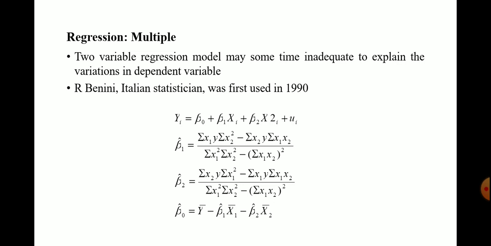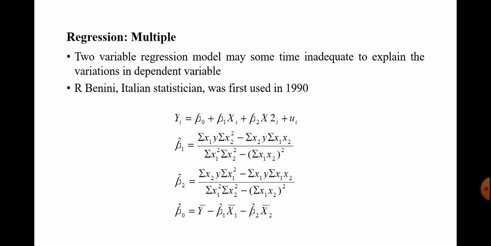And when we have more than three variables, it is very difficult to find the parameters beta 0, beta 1 or the estimators using a calculator, Excel, or pen and notebook.